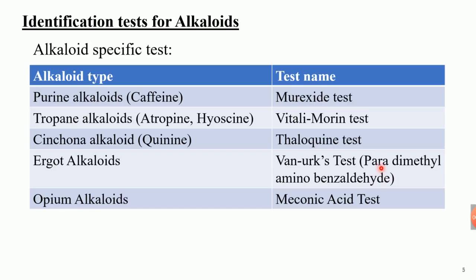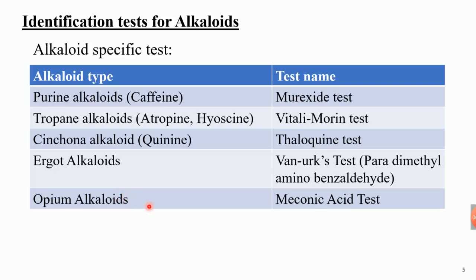So you should remember the correct name para-dimethylaminobenzaldehyde because they will confuse you with ethyl, diethyl, or benzaldehyde or benzoic acid in MCQ questions. So you should remember dimethylaminobenzaldehyde is the reagent used in Van Urk's test, and this test is used for identification of ergot alkaloid only.